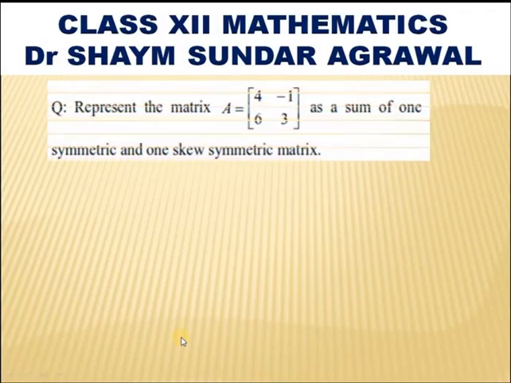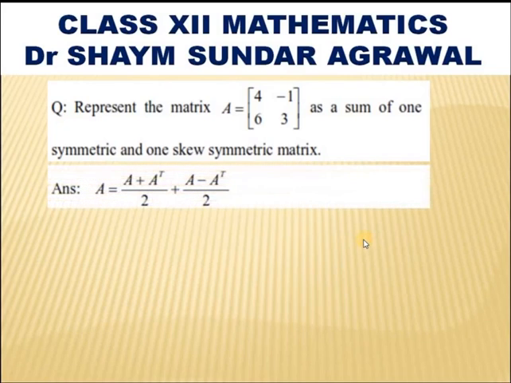So, the question is: represent the matrix A equals [4, -1; 6, 3] as a sum of symmetric and skew symmetric matrix. Now we have seen that any square matrix can be written as one symmetric and one skew symmetric matrix, that is A equals (A plus A transpose) by 2 plus (A minus A transpose) by 2.